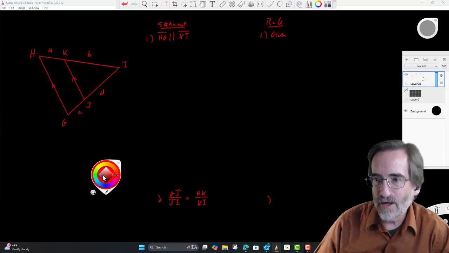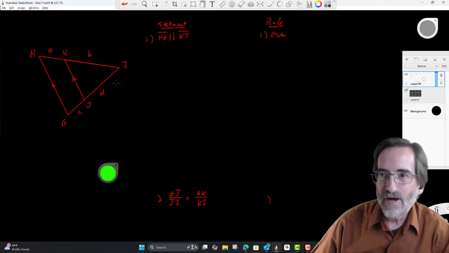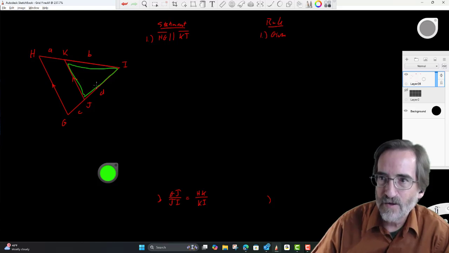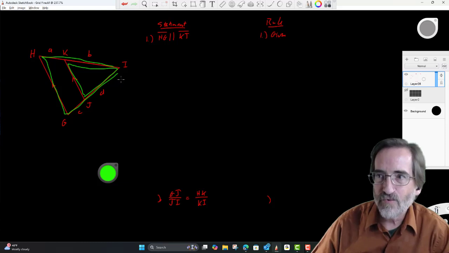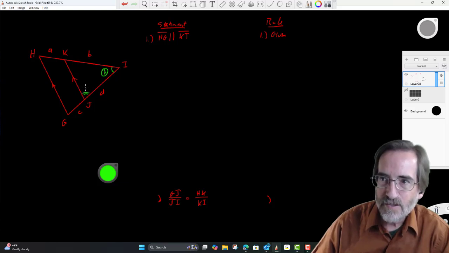Okay, let's go ahead and start filling in the steps. This will have to do with similar triangles. We've got a small triangle and a big triangle that we're going to prove similar. And just to give you an outline of the plan, they share an angle. Angle I is an angle in both of them. We're going to use the corresponding angle postulate to prove this angle is congruent to this angle.